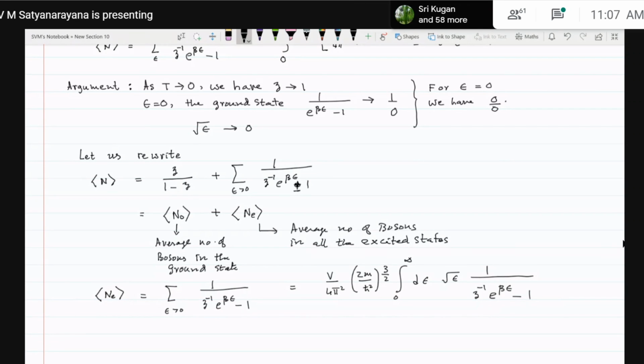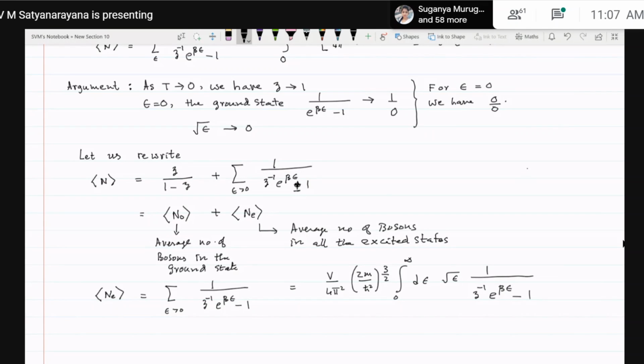Now I can still keep this limit from 0 to infinity because this epsilon, the energy level, is every level other than the ground state. Even if I include levels with however close energies, the density of states is going to be very small there, so it will make a negligible contribution.